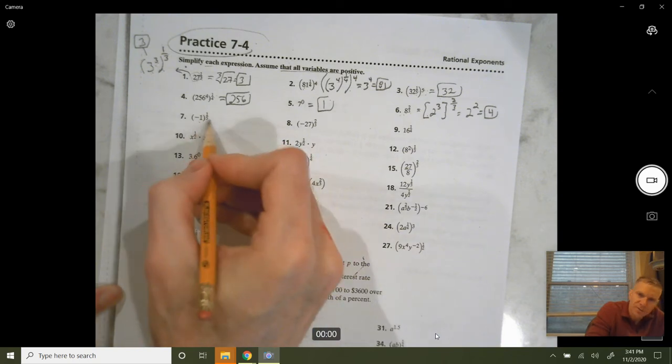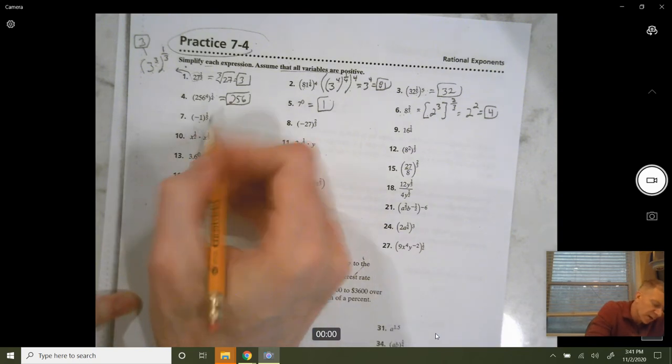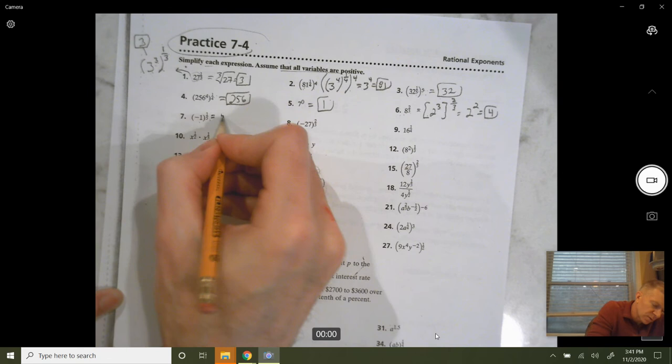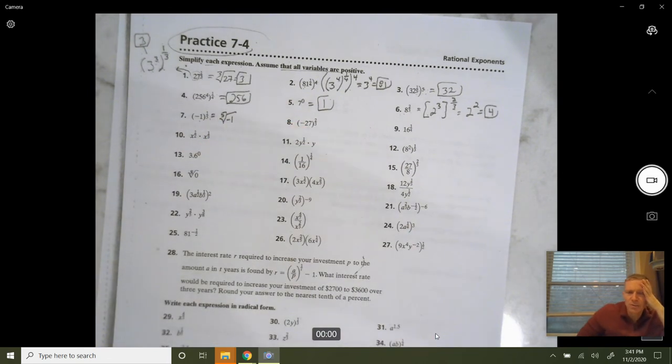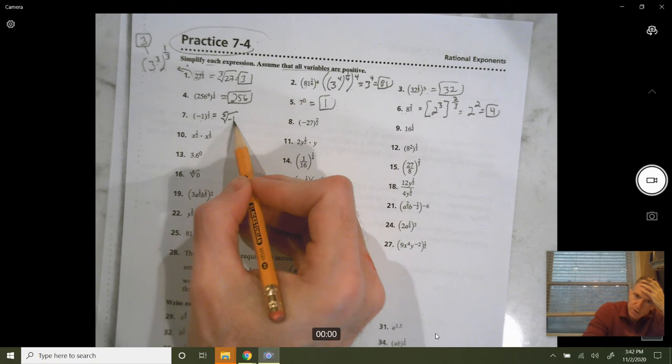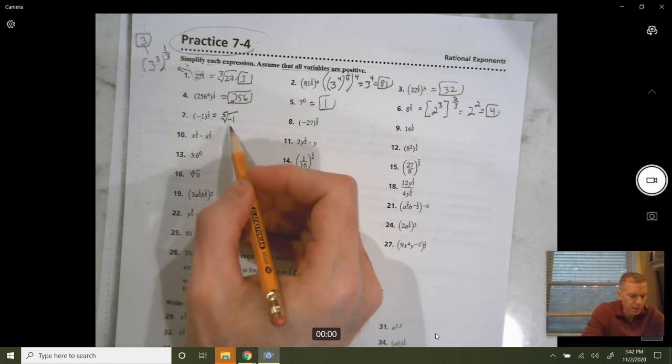-1 raised to the 1/5. Okay, let's think about that as a radical. That's the 5th root of -1. Now you might think, I can't take a radical of a negative. But no, that's not true. You can't take a square root of a negative, because remember what a square root is: something multiplied by itself to give you that number. We can't multiply a number by itself and get a negative.